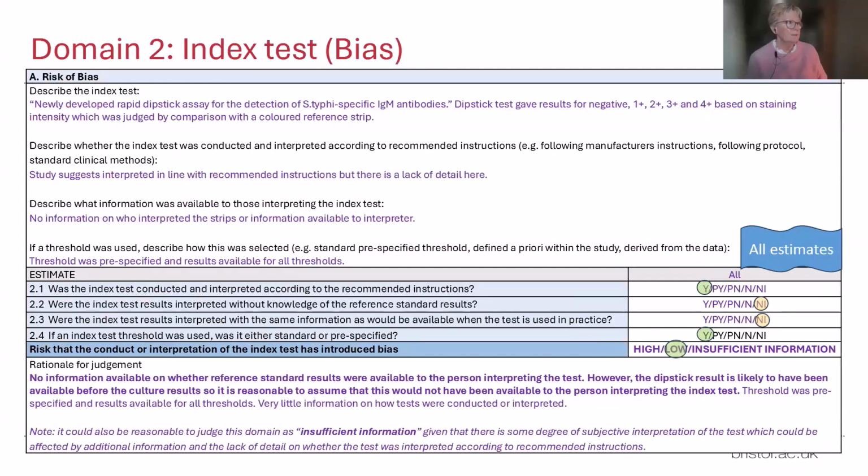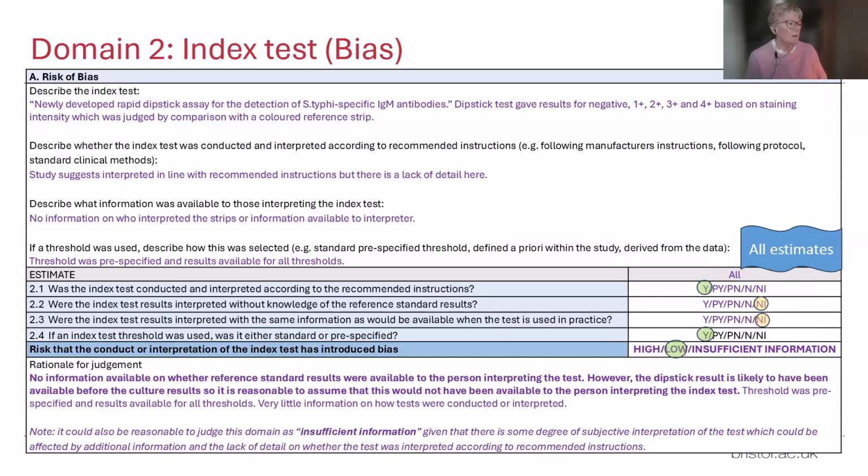If we look at this example, which is from the index test domain, we have 2 signalling questions which have been answered yes, indicating a low risk of bias, but 2 where there is no information to make a judgment. So we might consider this a bit of a stalemate. We've got two of each type.